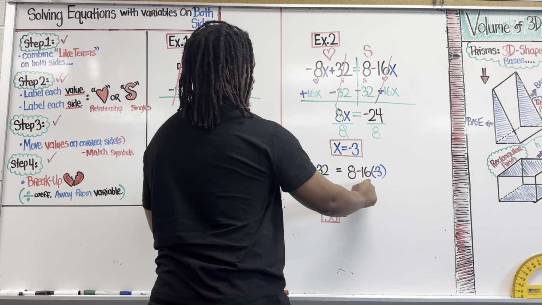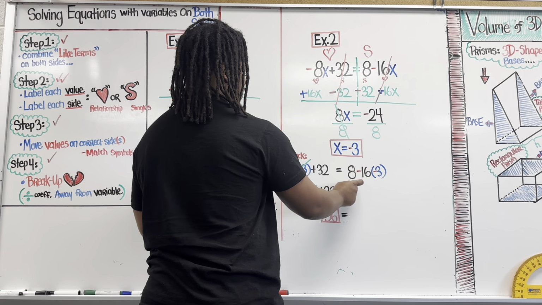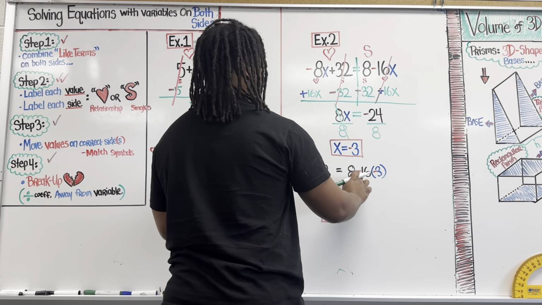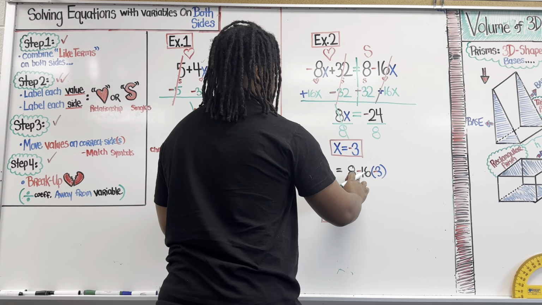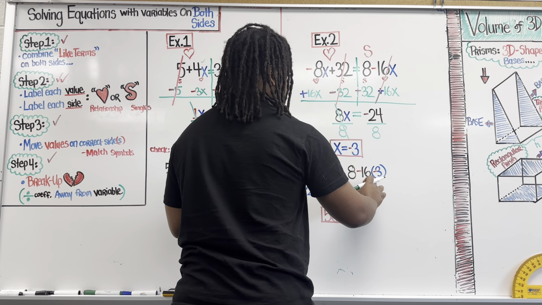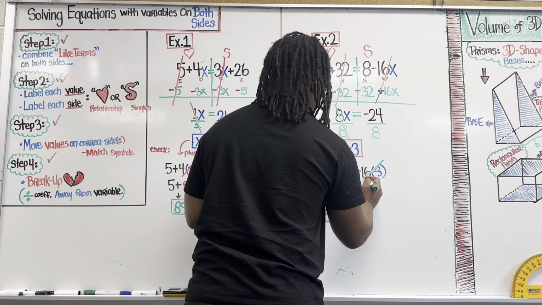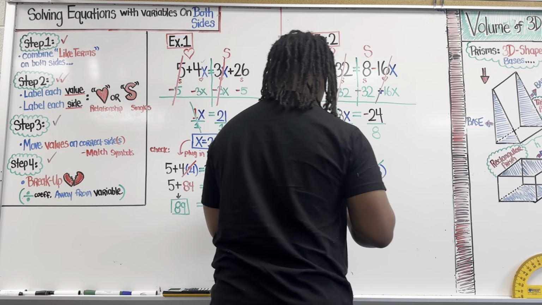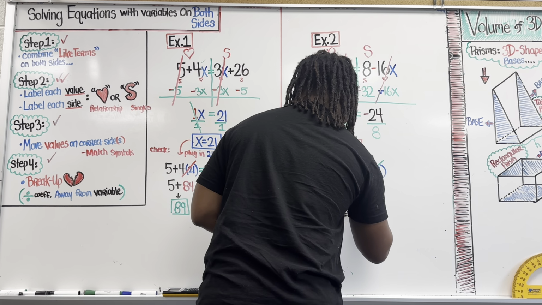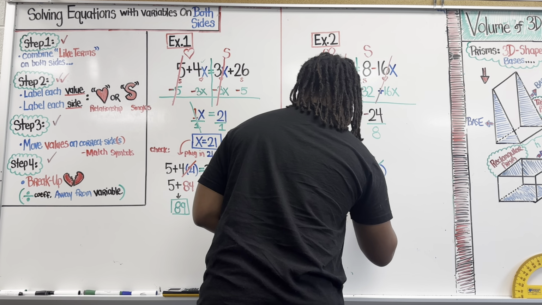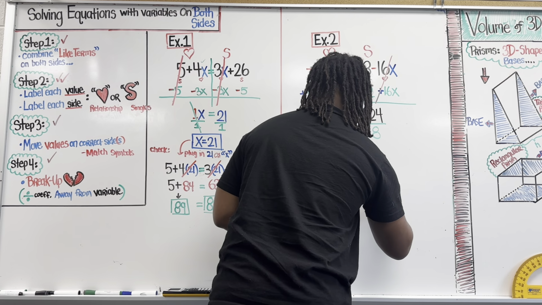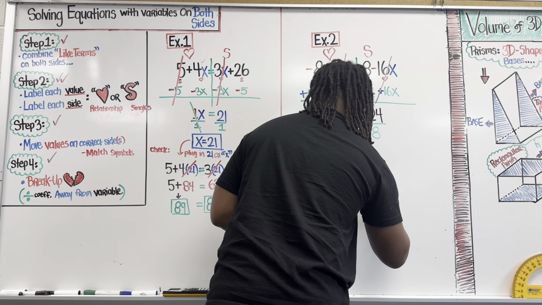So once again, order of operations, we multiply first before we subtract or add. All right, I have a negative times a negative, which is a positive. So negative 16 times a negative 3 is a positive 48. So I have 8 plus a positive 48.